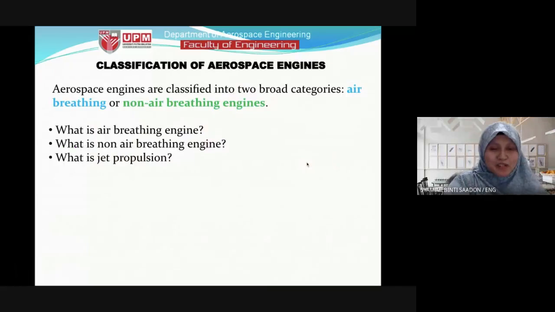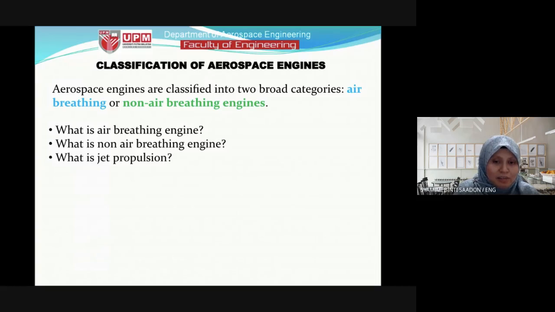Before we finish, we just introduce a bit about propulsion or the aircraft engine, which we also call the air breathing engine. We classify engines as air breathing and non-air breathing. In this aircraft propulsion part, we focus on the air breathing engine.